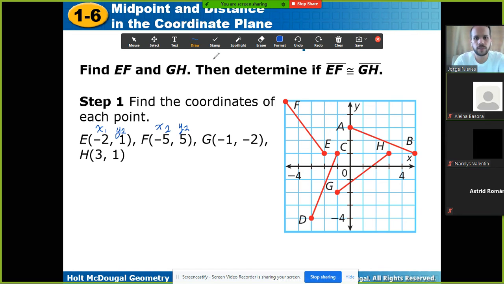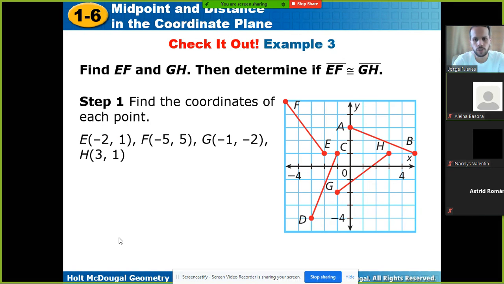Or sorry, this is x1 and y1. I'm sorry, I did it the other way. X1 and y1, x2 and y2. After we do that, we have to evaluate. So let's put everything inside the distance formula.